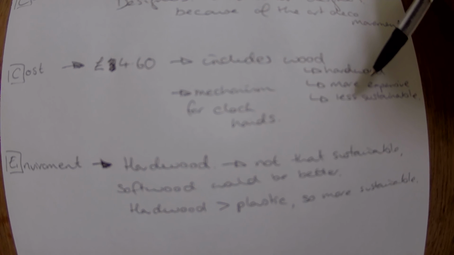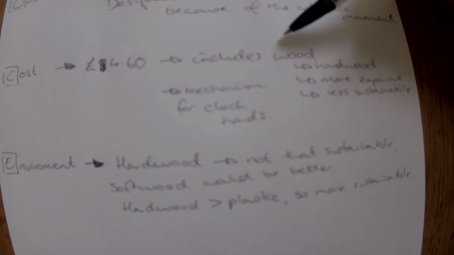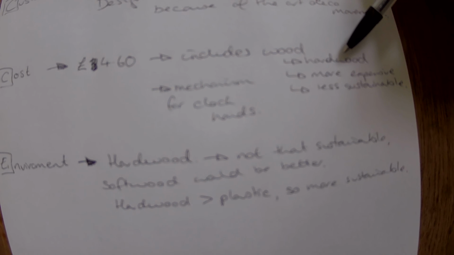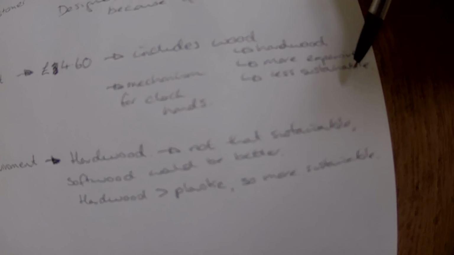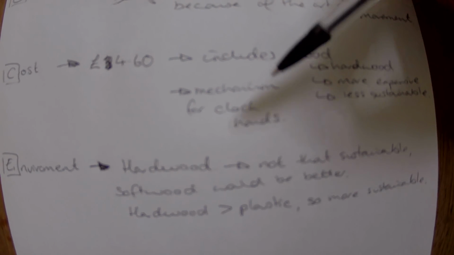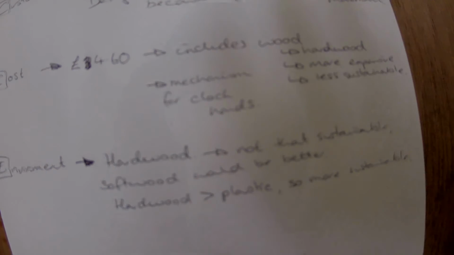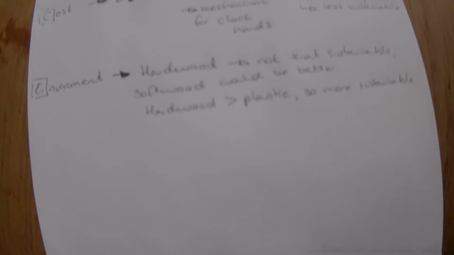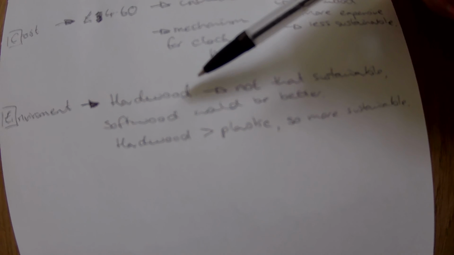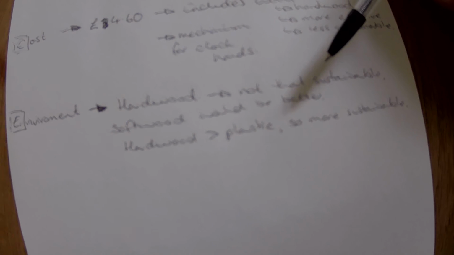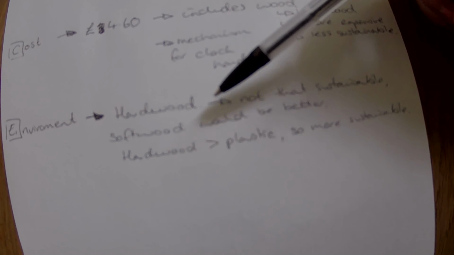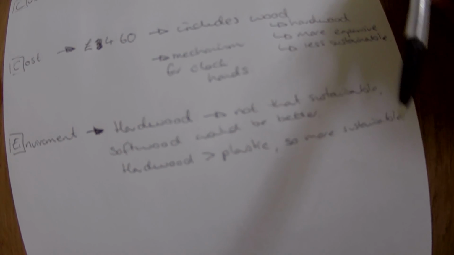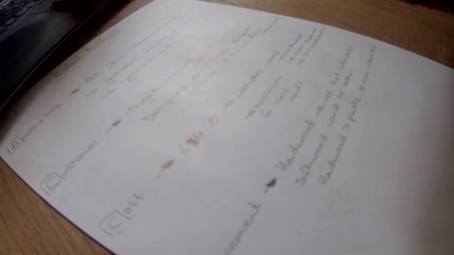Cost is £4.60 to make. This includes wood, which is hardwood, so therefore more expensive and less sustainable than softwood. And it also includes that mechanism for the clock hands, which is actually made out of plastic and holds a battery. Environment, so because it uses hardwood, it's not as sustainable as it could be, because softwood would be better. However, hardwood is better than plastic, so it's more sustainable, more eco-friendly in that respect. So let's carry on.